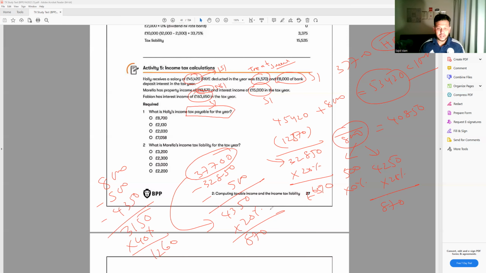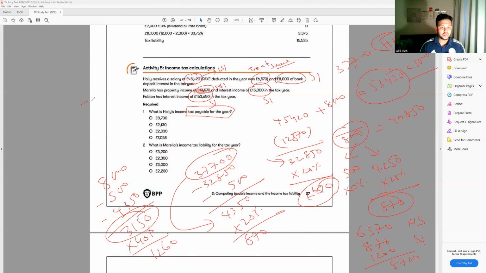So now we have the first tax, 6,570 for the non-saving. For the savings, we have 870 at the basic rate of 20%, and for the remaining balance at the higher rate of 40%, 1,260. That makes the total tax 8,700.